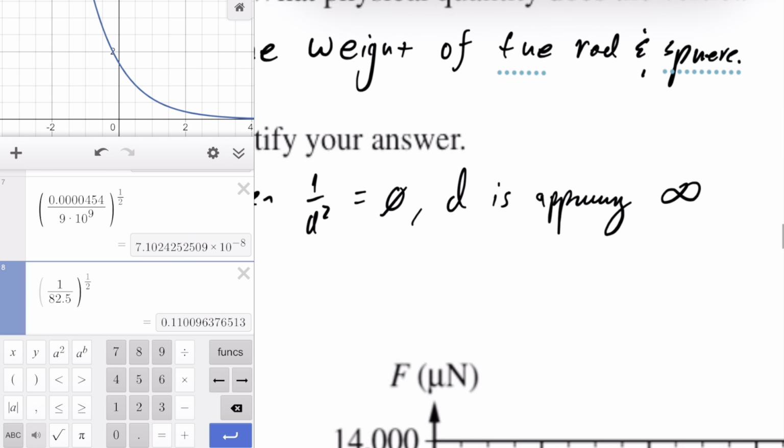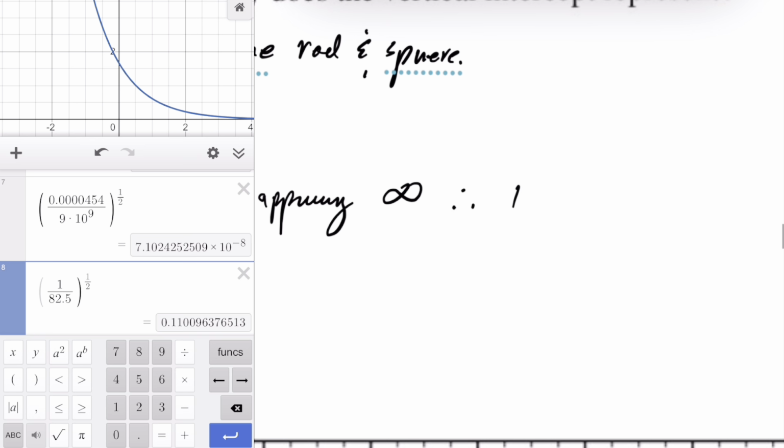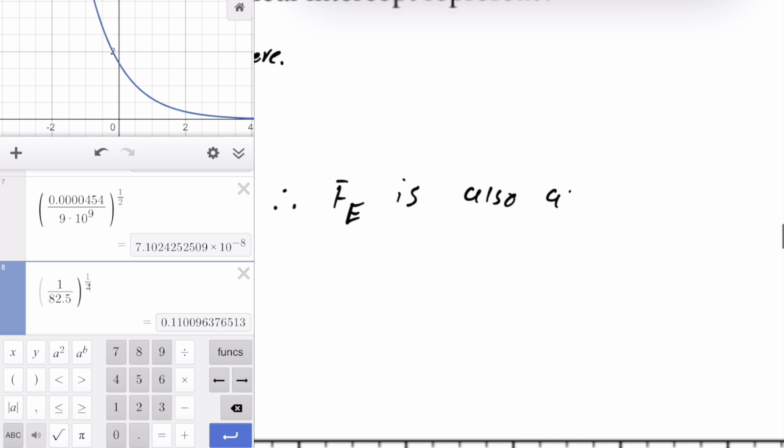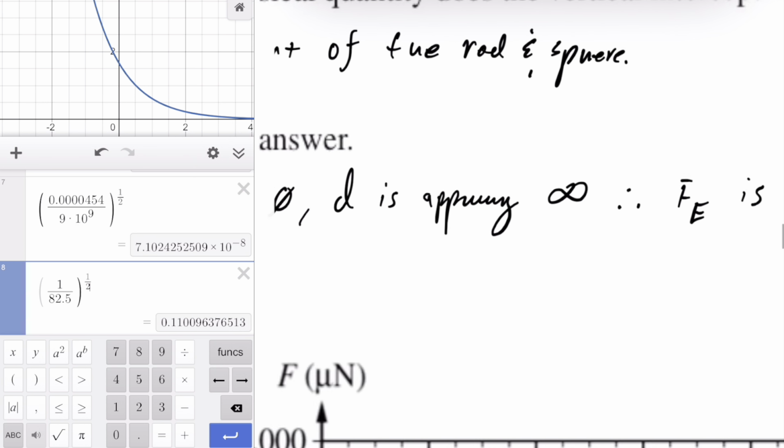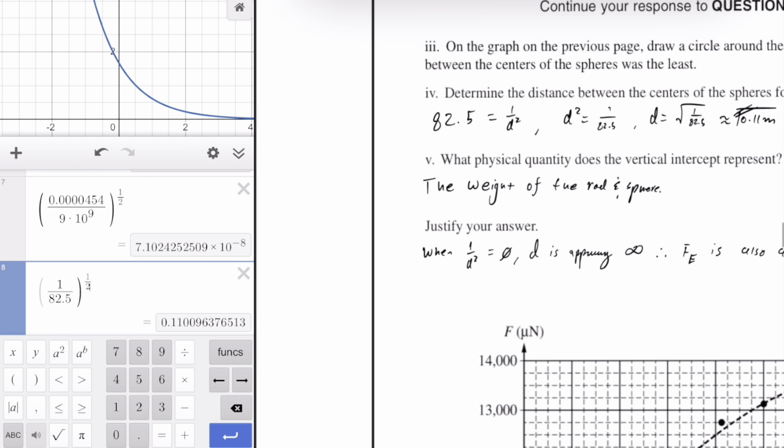D is approaching infinity. Therefore, Fe is also approaching 0, sorry. I could have just said that. All right, we'll do this better.